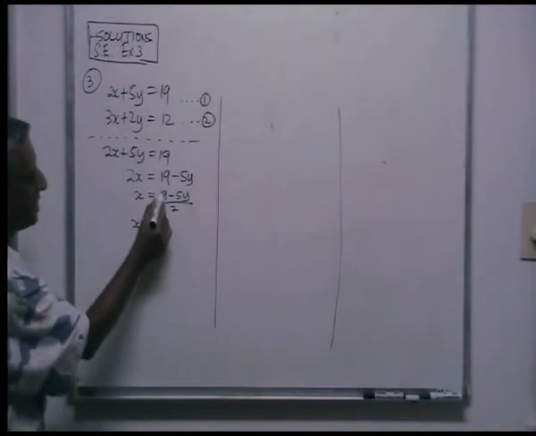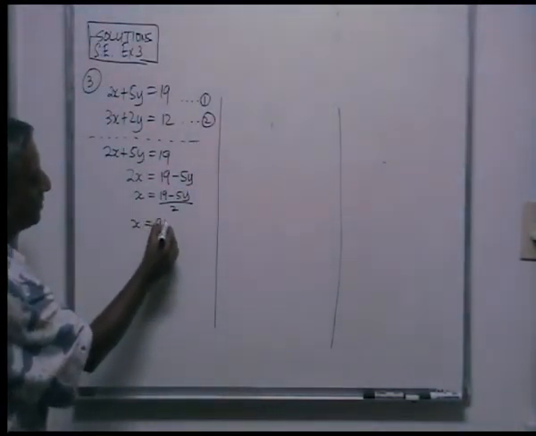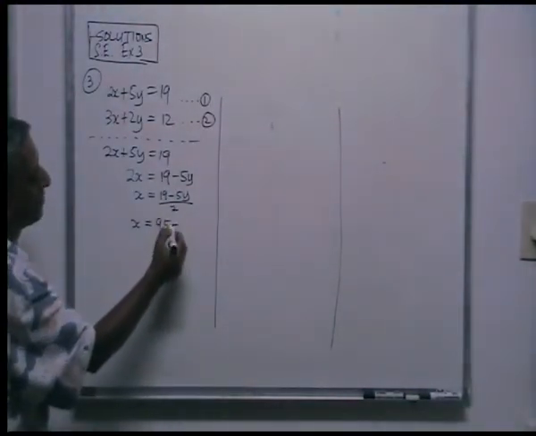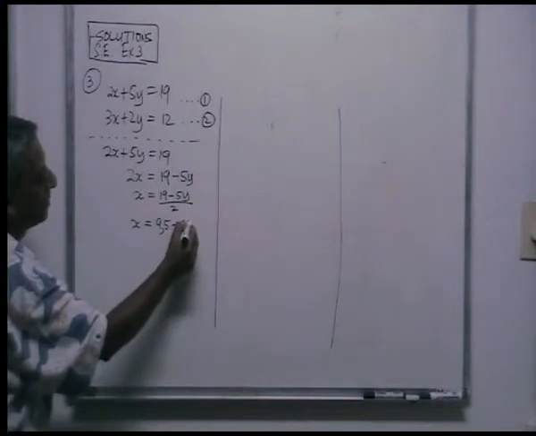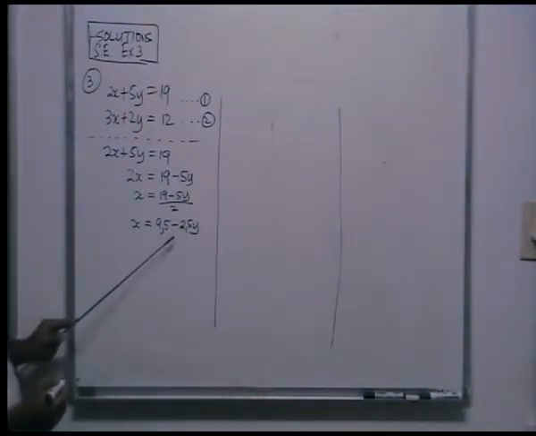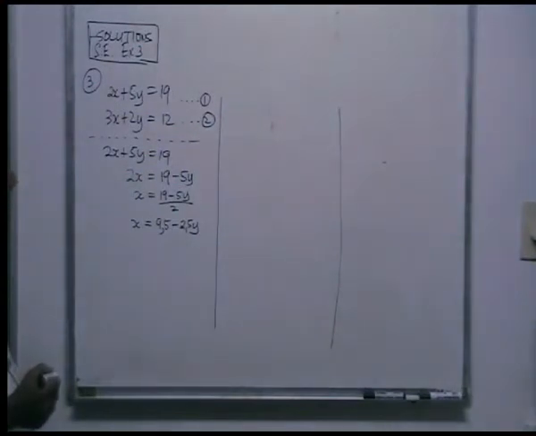So x is equal to 19 divided by 2, which is actually 9,5, minus 2 divided into 5, 2,5y. So x is equal to 9,5 minus 2,5y. You can do this or you can keep it like that, whichever way you like.